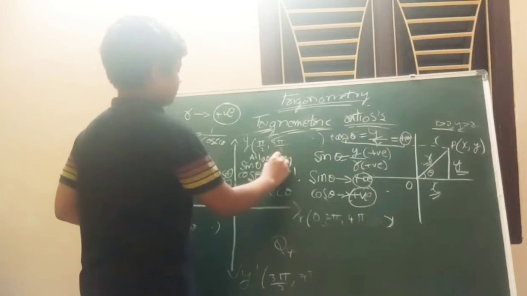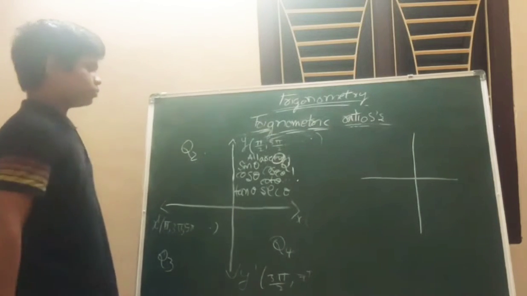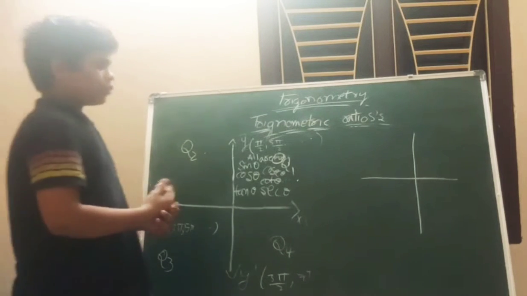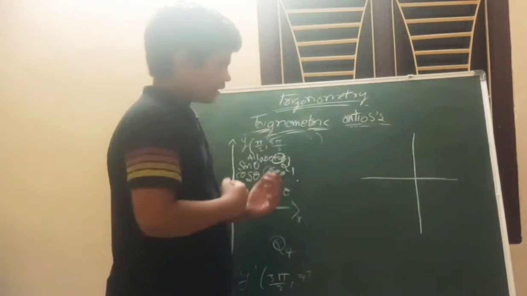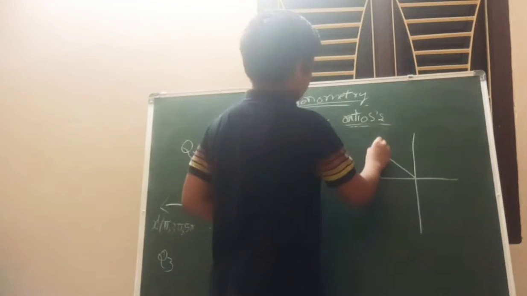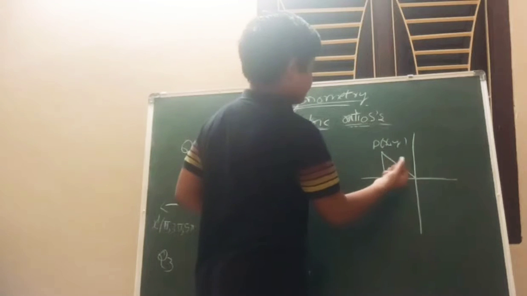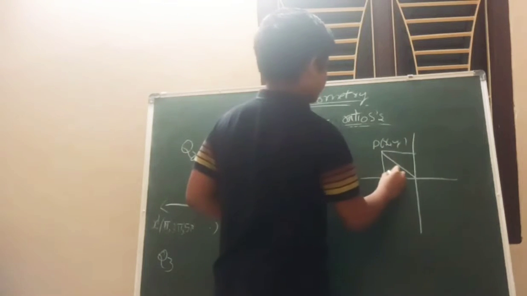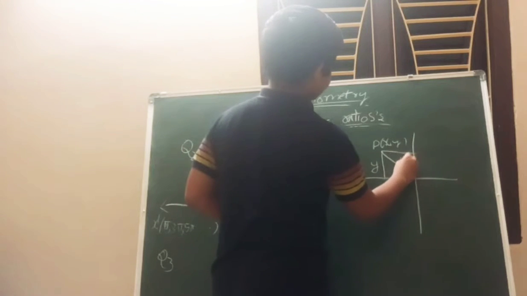All are positive. Now let us discuss quadrant 2. For quadrant 2, let us take the right angle triangle in the second quadrant. This is the origin. This is a point P(x, y), the distance from the point to the x-axis is the y coordinate, this is the x coordinate, and this is r.